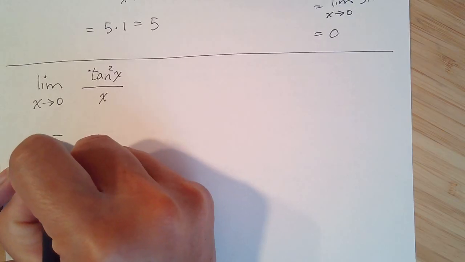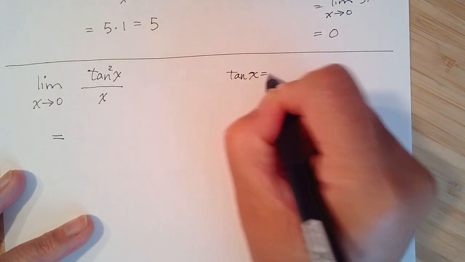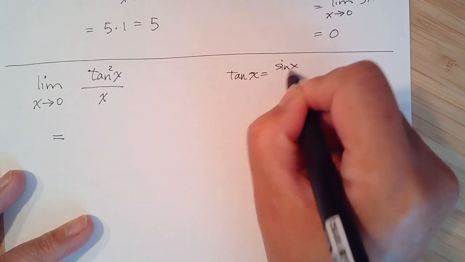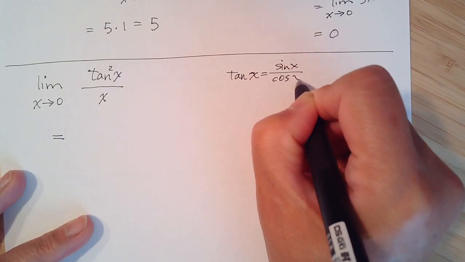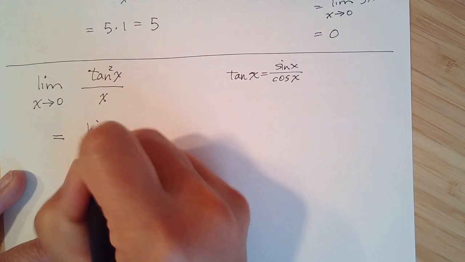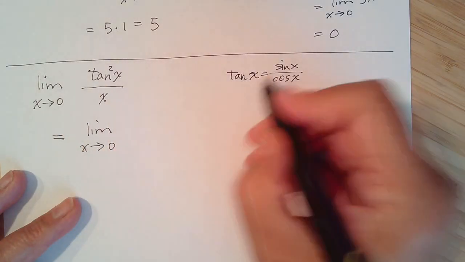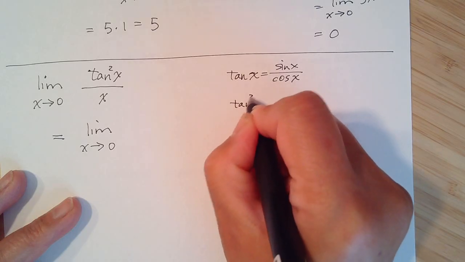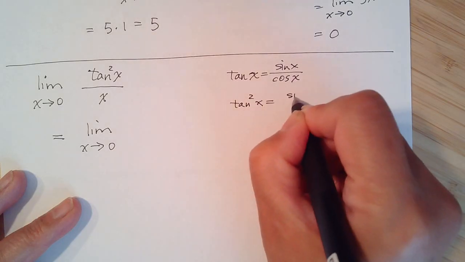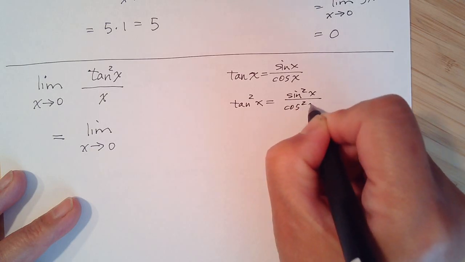Now we know tangent x is sine x over cosine x. So I'm going to write the limit as x approaches 0, and tangent square x will be sine square x over cosine square x.